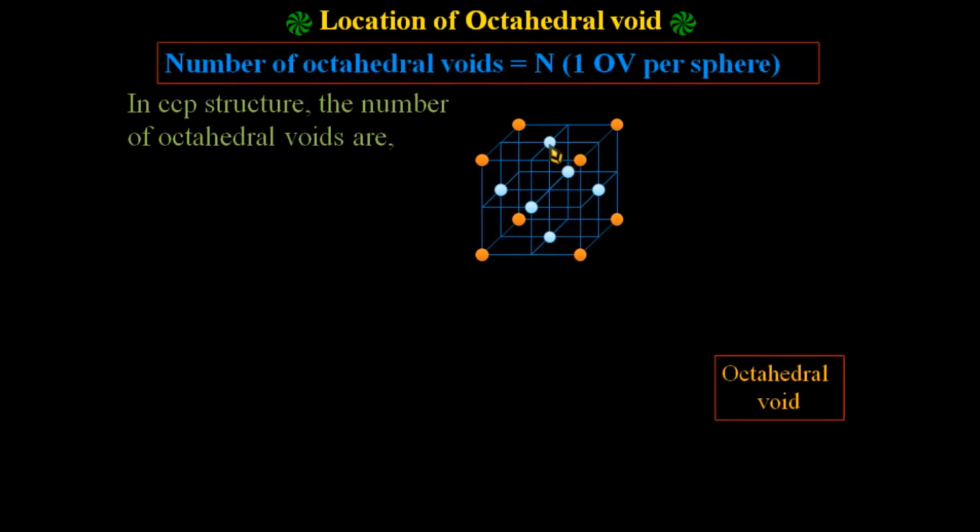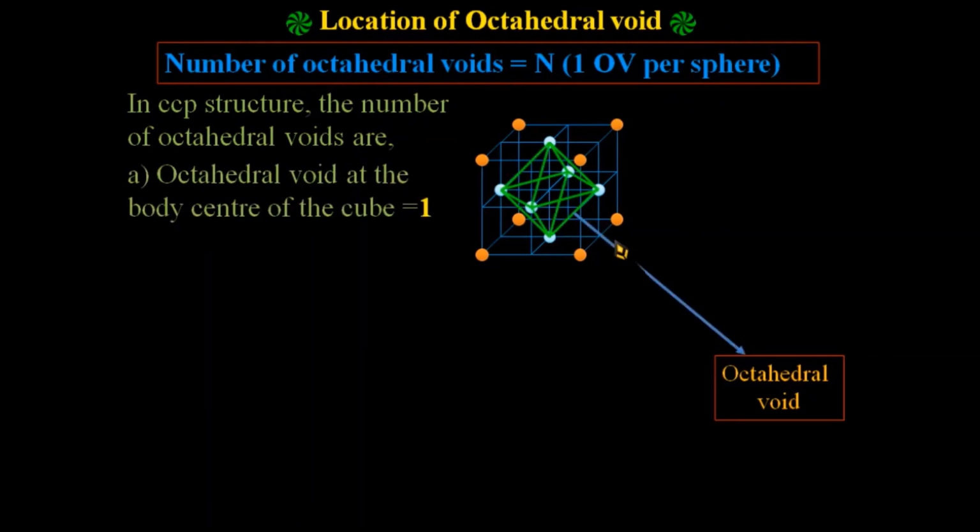If we join the spheres present at the center of the 6 faces, we find the formation of an octahedral shape like this, and that octahedral shape is nothing but the octahedral void. It means that in the CCP or FCC, one octahedral void is present inside the body.